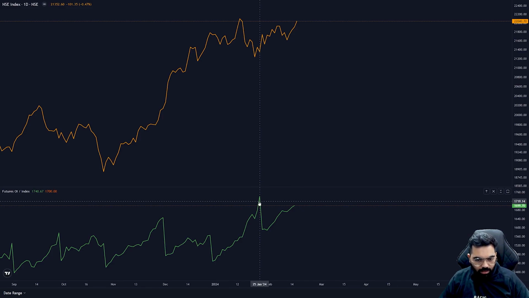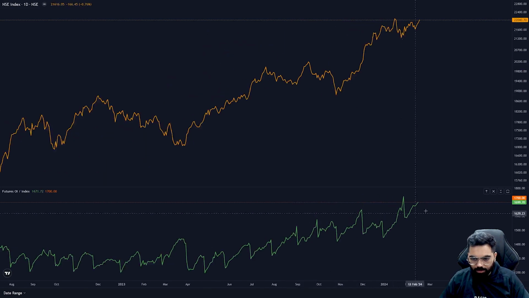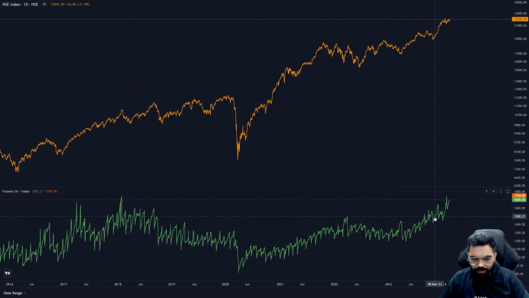First it touched it on 25th of January, but from there some unwinding happened on the January expiry, and as of yesterday, 15th of February, it has again made the high of 1700. Today's figure will be updated only once we get the EOD data or the Bhav copy from NSE.